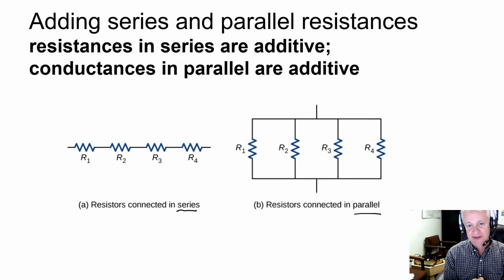And in circuit mathematics, resistances that are in series are additive, while when resistances are in parallel, you have to add those as conductances. They're inverse. So you can directly, arithmetically add resistances in series, but when you add resistances that are in parallel, you have to add them as a conductance.